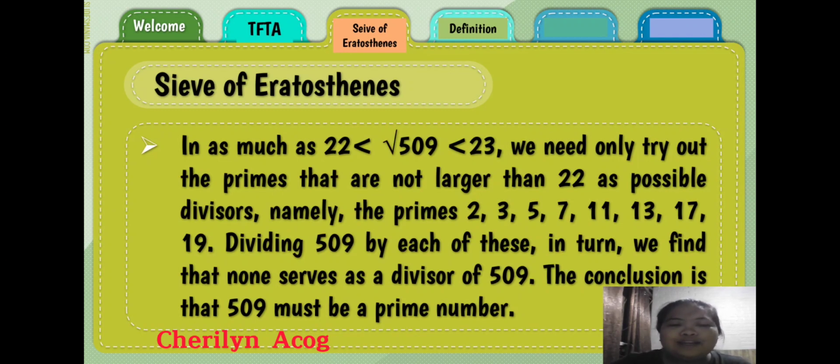Dividing 509 by each of these in turn, we find that none serves as a divisor of 509. So those primes from 2 to 19 do not divide 509. To conclude, 509 must be a prime number.